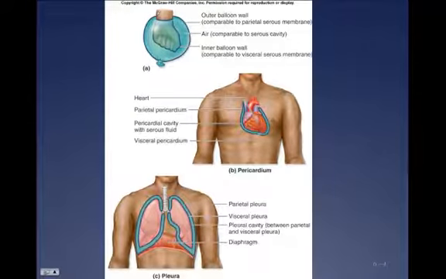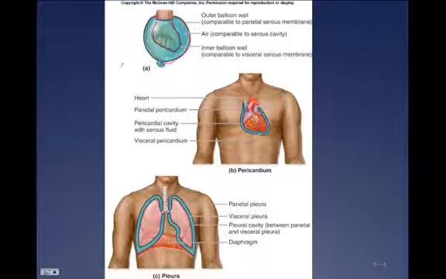Remember that these serous membranes are double membranes, okay? So what that means is they literally are folded back on themselves, just like this, okay? And then again, they're surrounding an organ, whether that organ be the heart, whether that organ be the lungs, or whether it be the abdominal organs.